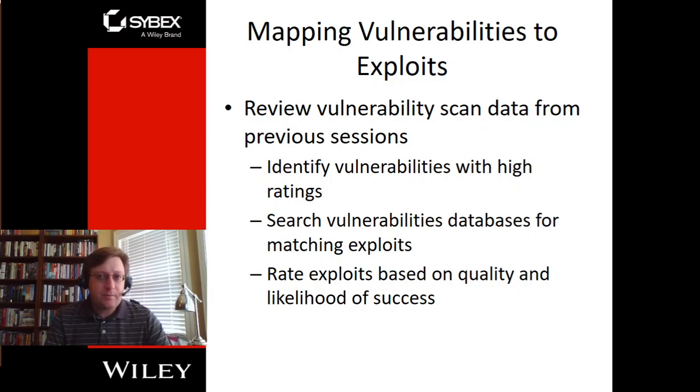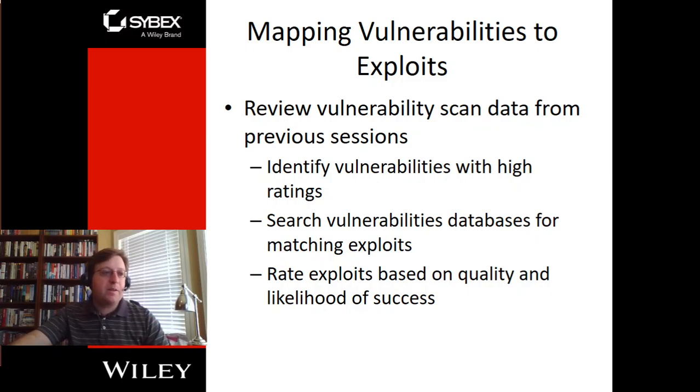Now, remember that those vulnerability scanners are working from the point of view of somebody who's trying to secure the system, and as penetration testers, we're trying to access the system. So a vulnerability that's ranked as a higher vulnerability is going to be something that for us is easier to exploit.